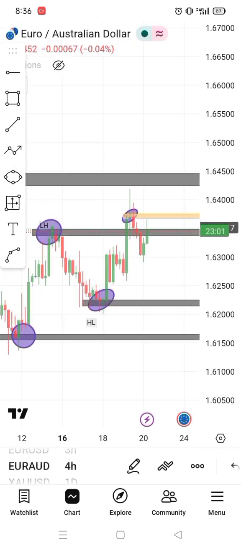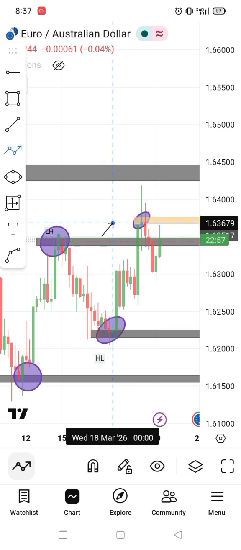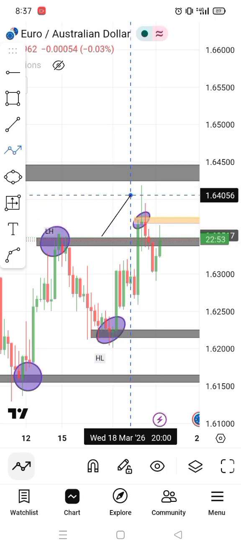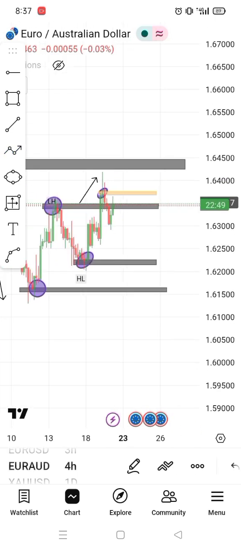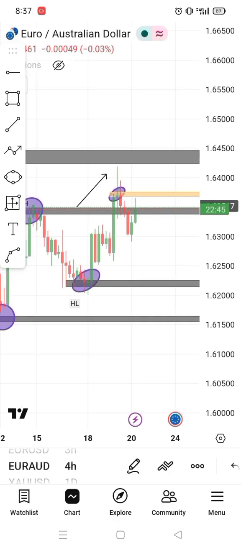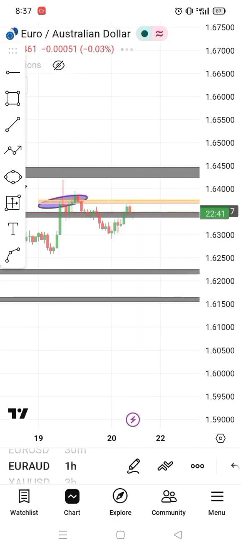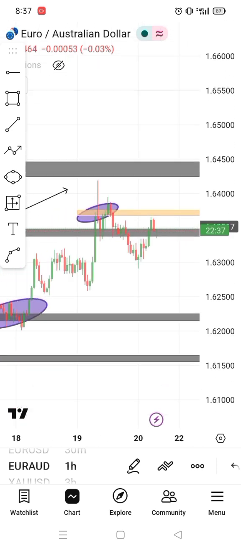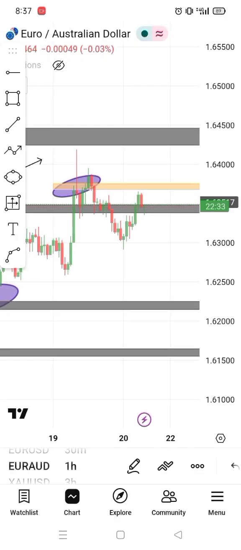So we know that anything above this level could go up to here. And then we do have our indication in the market. So now we are waiting for price to be bullish again on the 1 hour time frame.